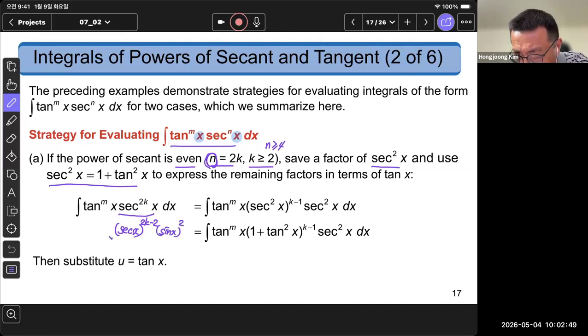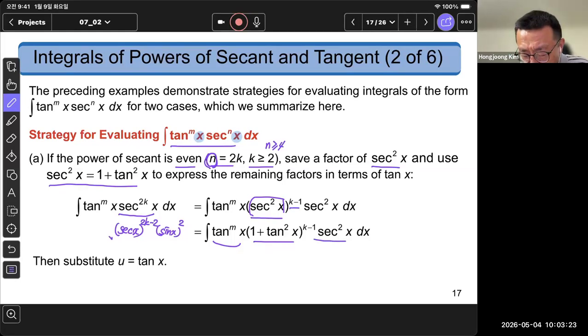Secant x to the 2k minus 2 is the same as secant x squared to the k minus 1, and secant x squared should be replaced by 1 plus tangent x squared. So eventually you have tangent x to the mth power times 1 plus tangent x squared to the k minus 1 multiplied by secant x squared.